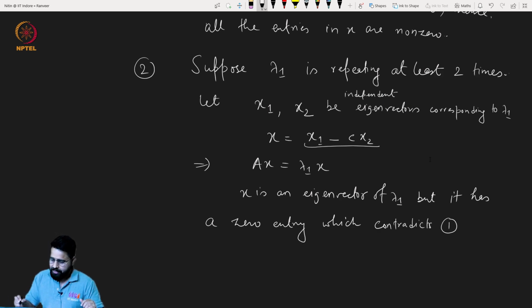So our assumption that lambda 1 is repeating is incorrect. This implies that lambda 1 is unique.